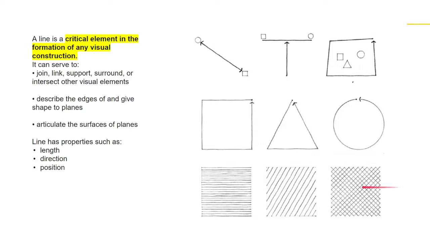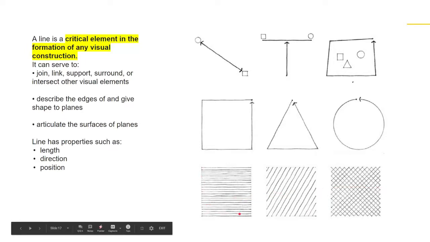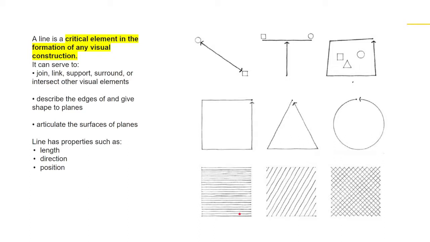So in your first square, you have lines in horizontal position, which is actually calming. When you look at it, it feels like it has the stability of calm seas or a calm ocean.